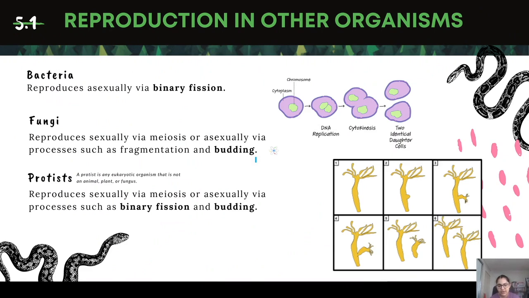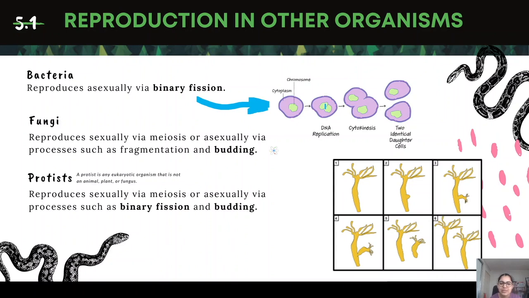So we've got bacteria. Bacteria reproduce by binary fission, so they just divide into two. Here is the process. You've got the cell, that's the chromosome, the chromosomes in the nucleus, that's the cytoplasm.